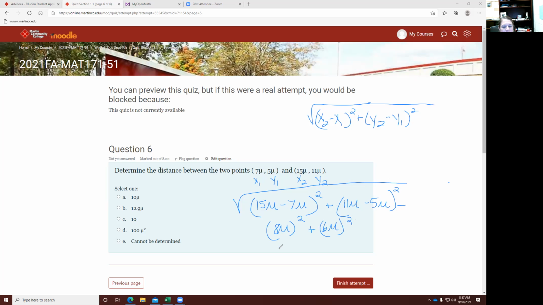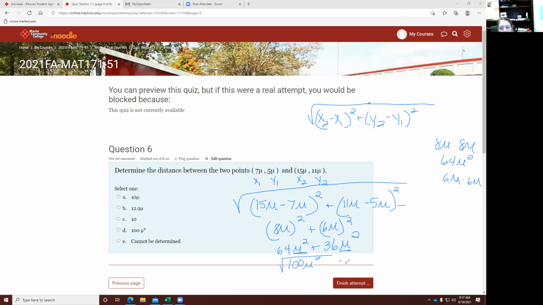All right, this is going to be 64 mu squared because we have to square both, right? So that means 8 mu times 8 mu, which is 64 mu squared. And then this would be 6 mu times 6 mu, which is going to be 36 mu squared. And then 36 plus 64 is going to give you 100 mu squared. Remember, these are like terms.